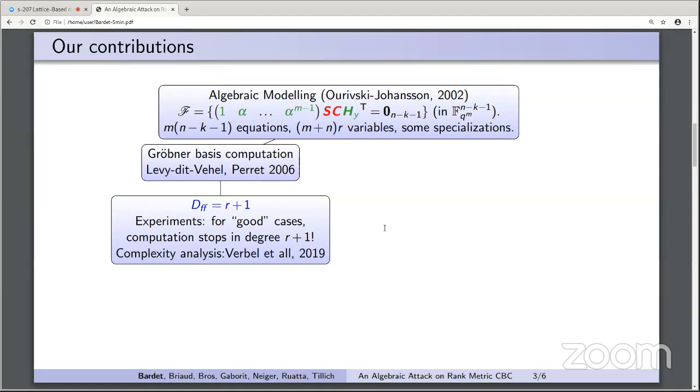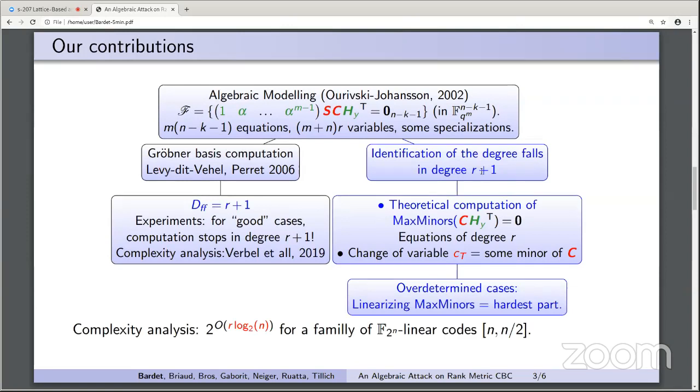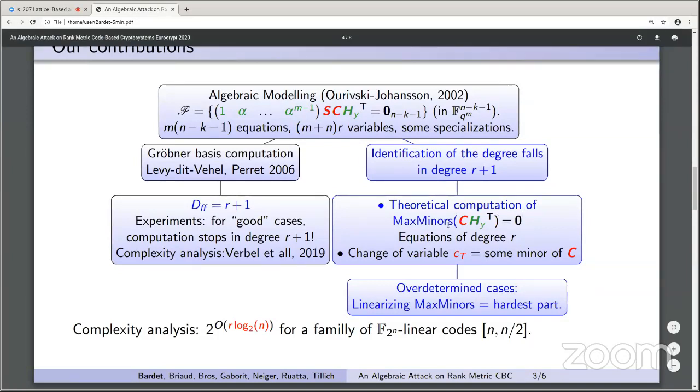What we did in this paper is that we identify exactly the degree fall in degree r+1. And more precisely, we computed theoretically the resulting polynomials of degree r that are produced after this degree fall. So this is the set of polynomials we get. There are equations of degree r, and there are maximal minors of a particular matrix that is here in the original system.